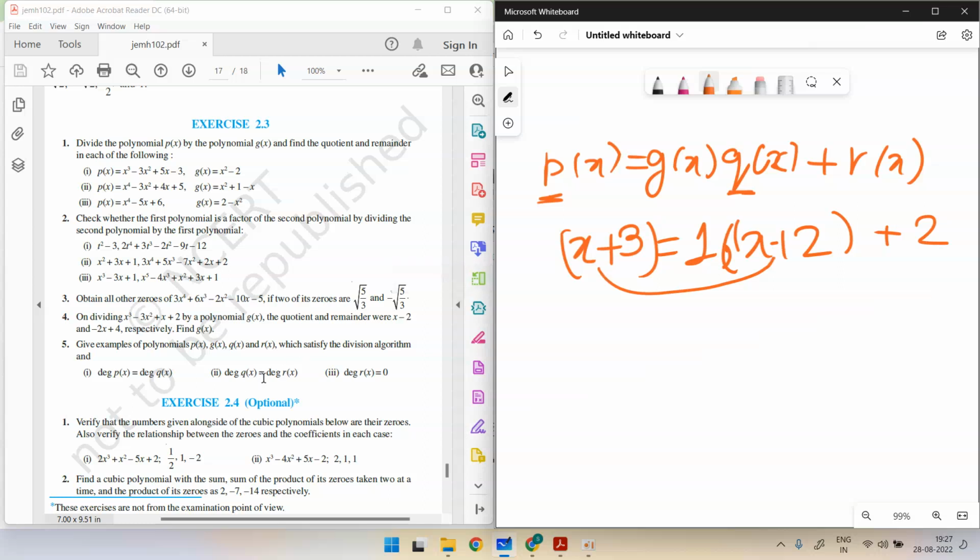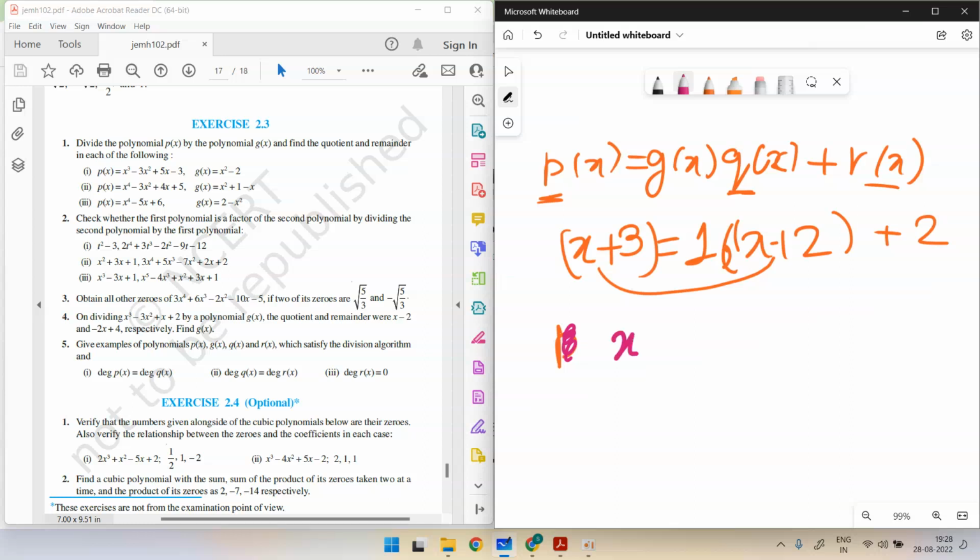Next, the degree of q equals the degree of r(x). Yes, this can also be true. The quotient is similar. So the next example would be where the degree is the same. Remember, the degree of quotient and degree of remainder are the same.